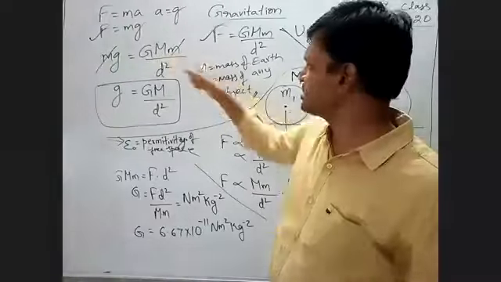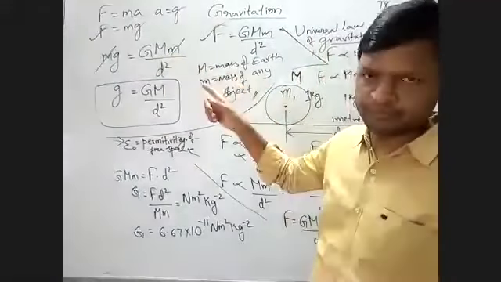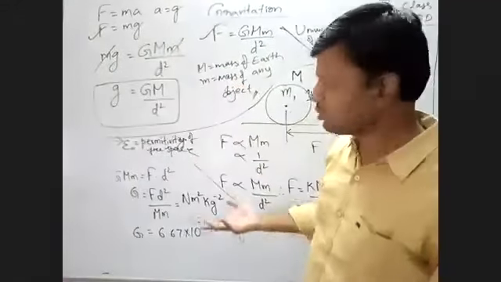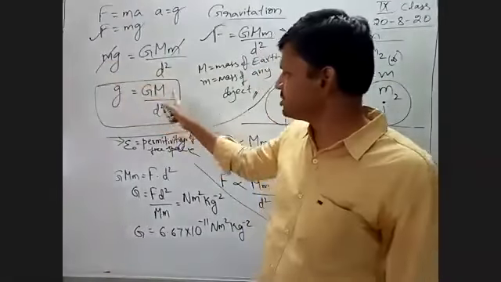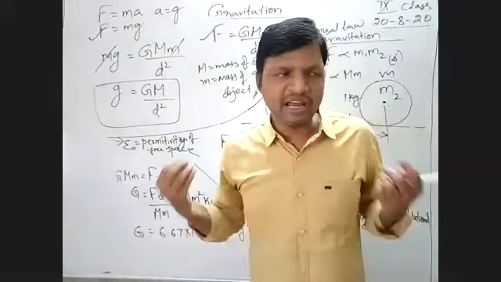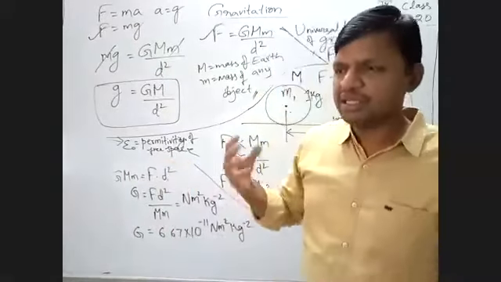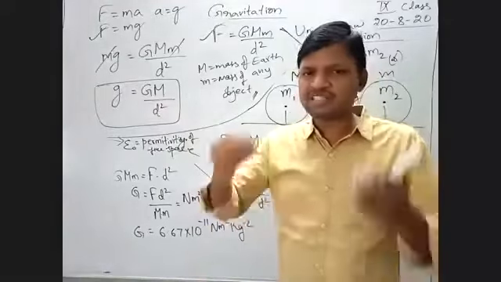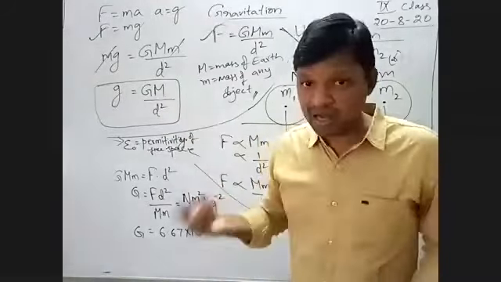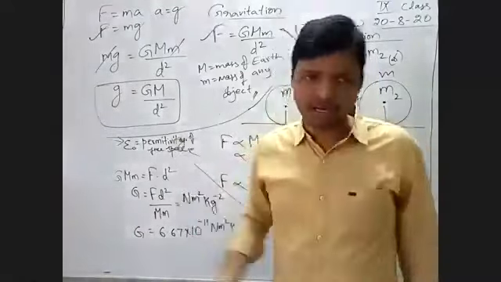But here M is the mass of the Earth we are taking. So cancel m and m. So what is the meaning? g is equal to GM by d square. So it is evident that any object, independent of its mass, is attracted towards the Earth with the same value of g, small g, that is 9.8 meter per second square.